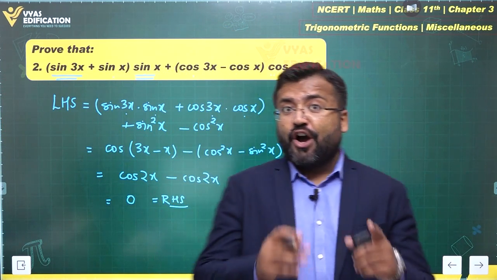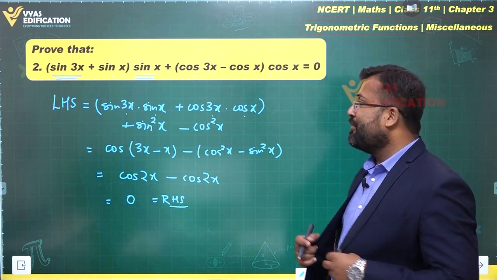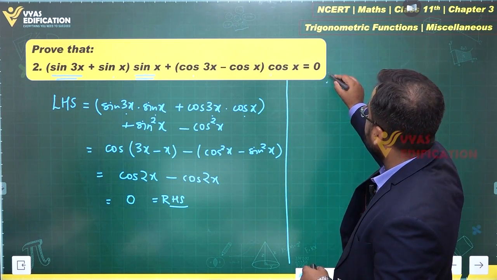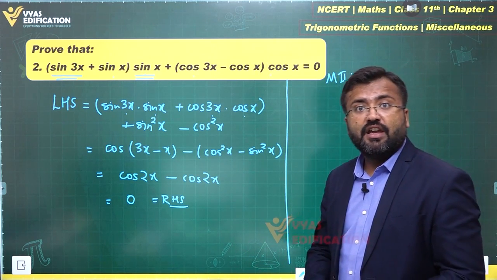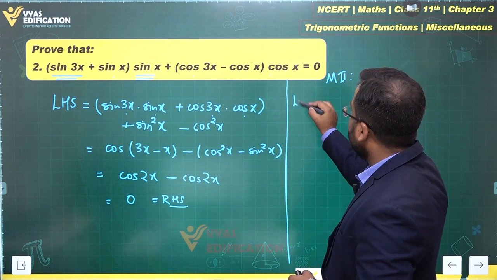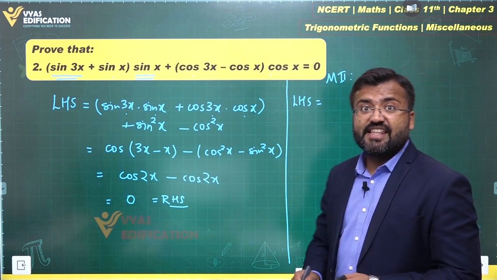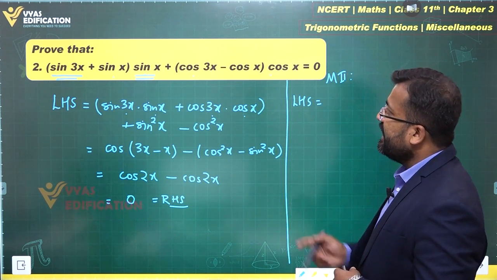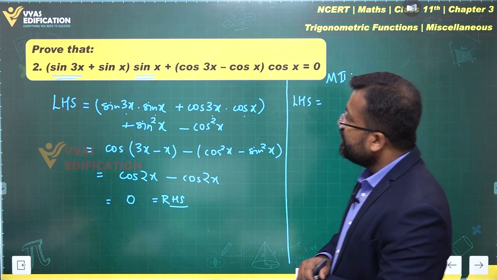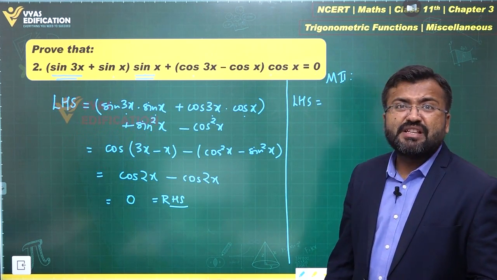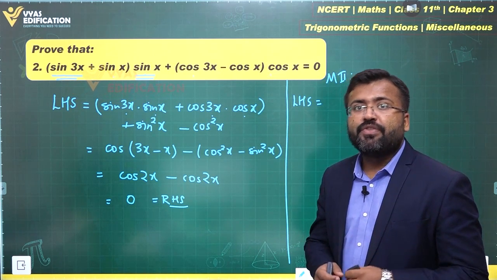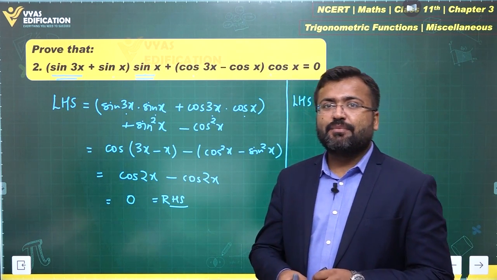But you talked about another method. Yes, we talked about another method. Let's see method 2 that we can use, which uses the transformation formulae. How do we use that? Once again, we begin with the complicated version, which is in the LHS. I want to apply the transformation to sin 3x plus sin x, which is similar to sin C plus sin D. What is sin C plus sin D equal to?